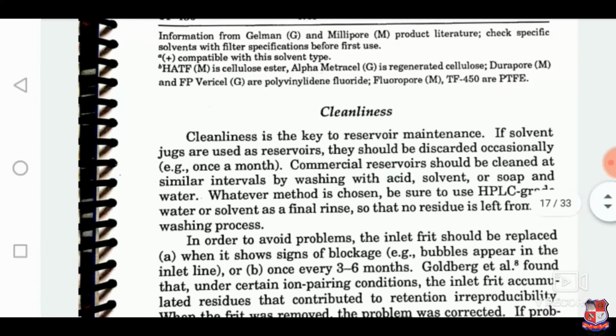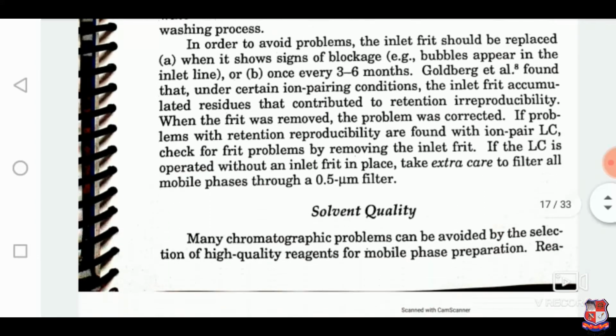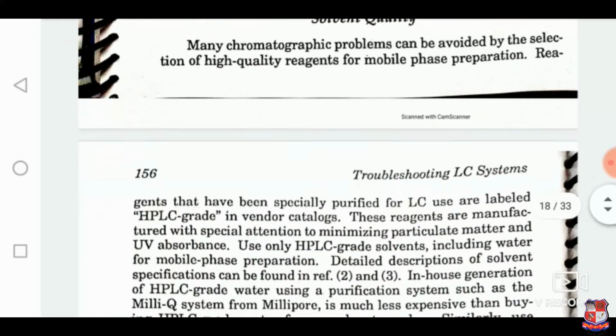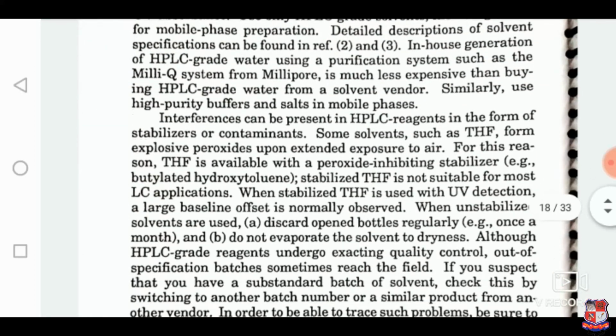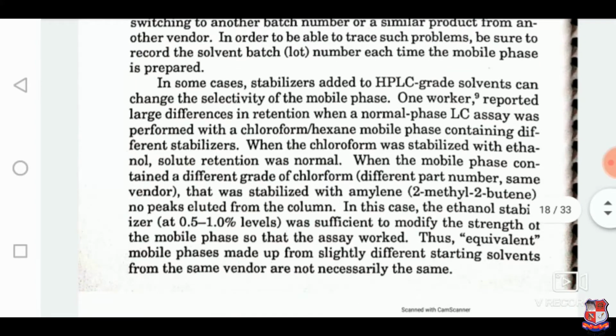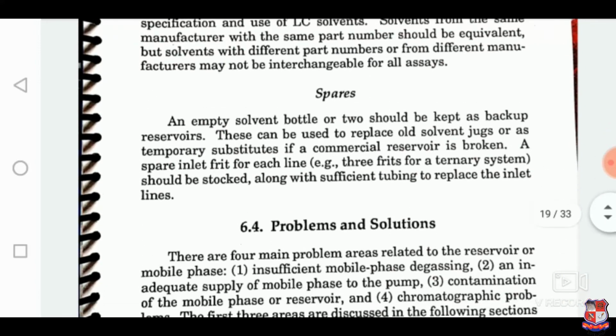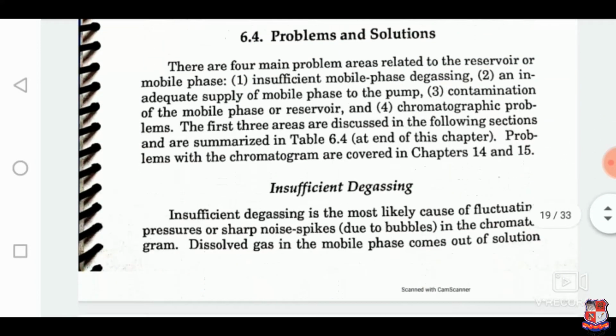Cleanliness is the key to reservoir maintenance. Here is the text the student can read. Solvent quality is again the most important thing while selecting the mobile phase.